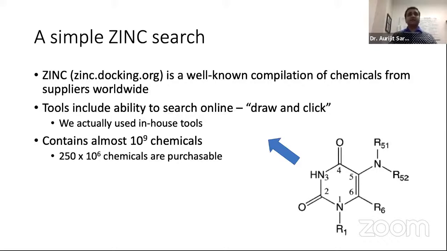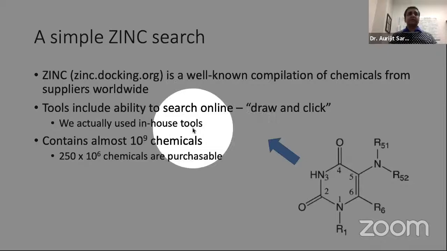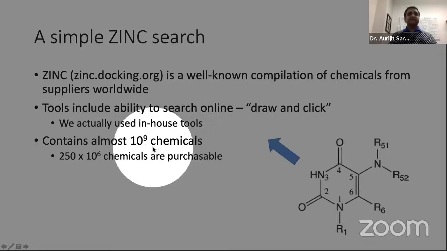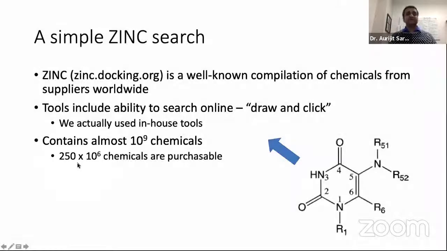And it's got some pretty nice tools in order to do that kind of work. And you can see the number of chemicals that have been submitted to it. It's actually close to 1 billion, of which roughly about 250 million chemicals are purchasable.